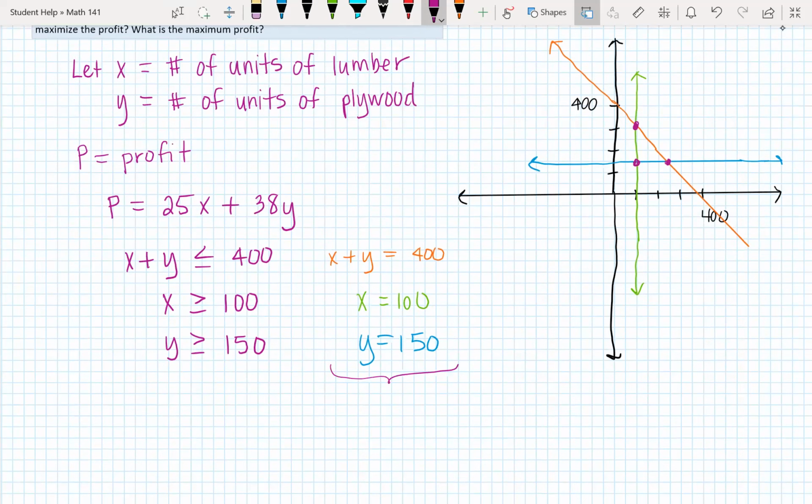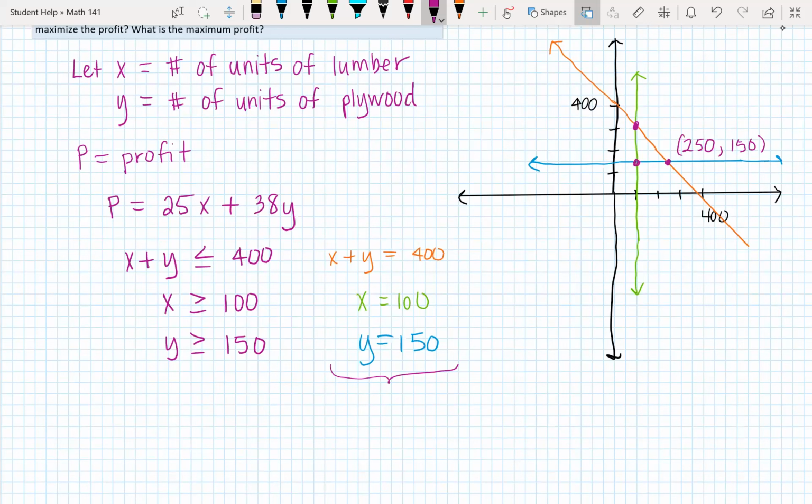So one of the points is going to be 250, 150.